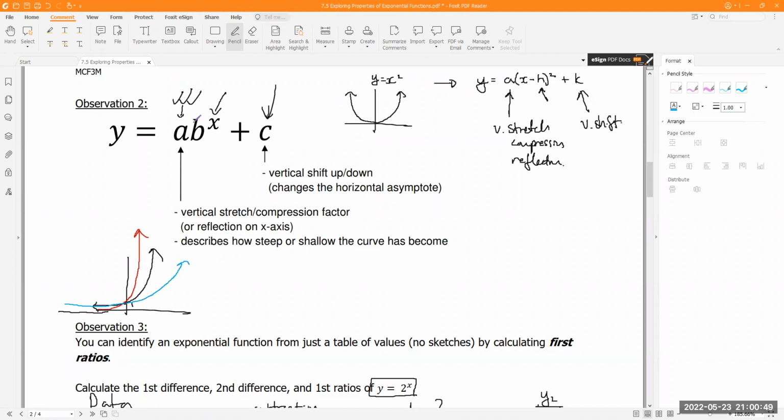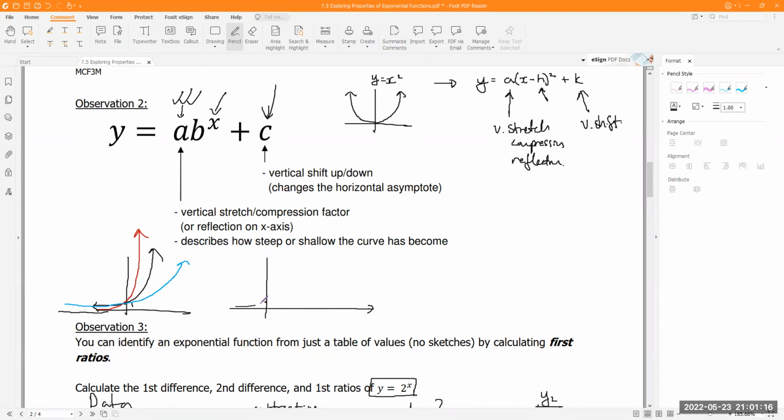So that number could definitely change how quickly it rises or how slowly it might rise. What's interesting about this exponential function is that the vertical shift affects the graph a lot more significantly than you might think.